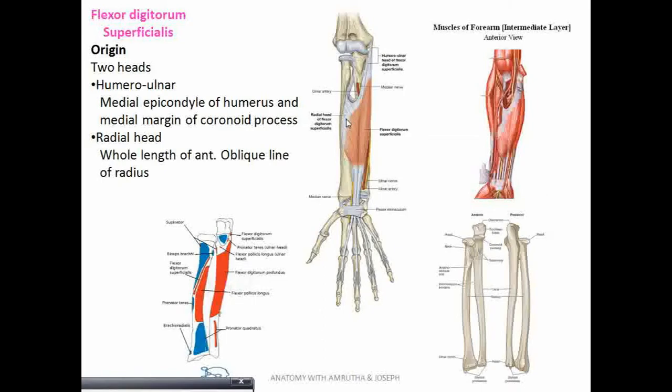The radial head originates from the radius, the whole length of the anterior oblique line of the radius. Flexor digitorum superficialis originates from the radius and also from the ulna.